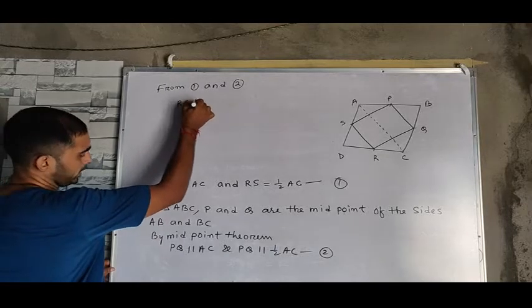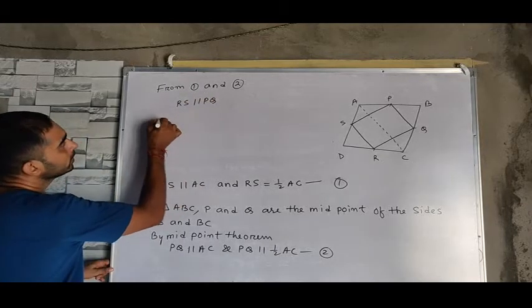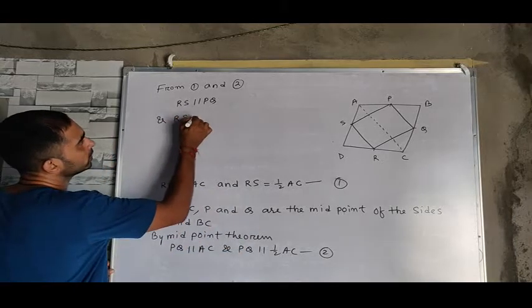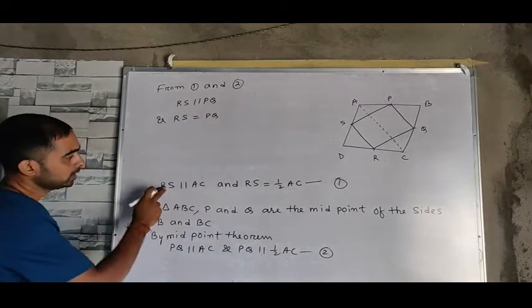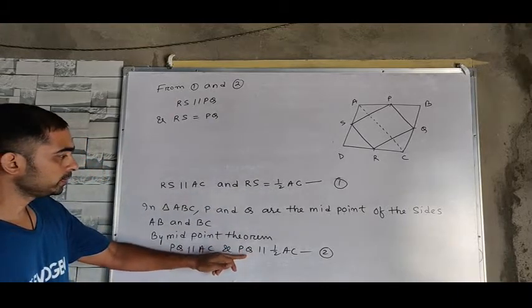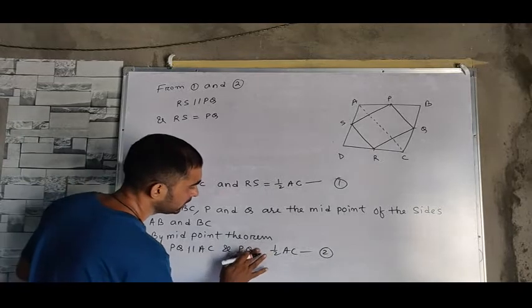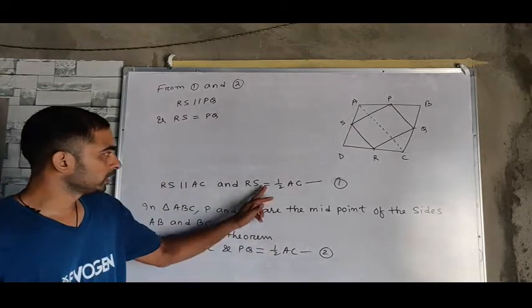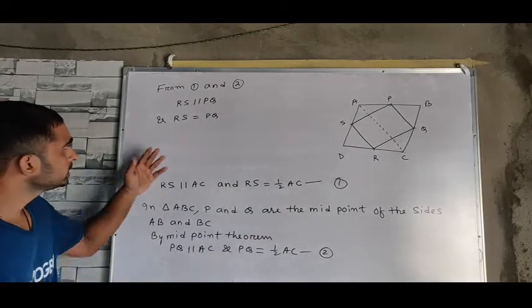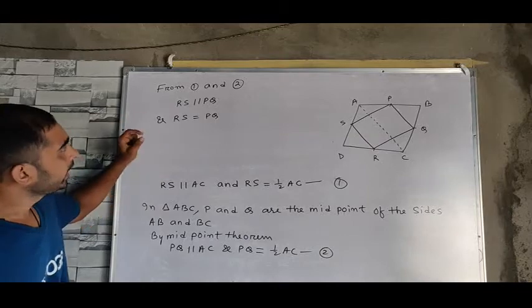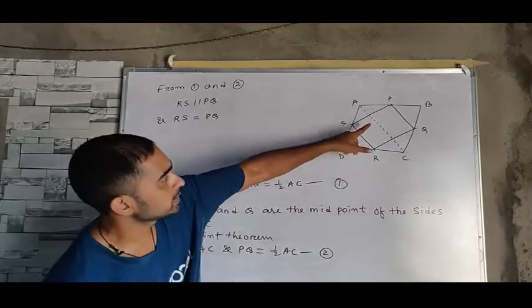RS is parallel to PQ and RS is equal to PQ. Because RS and PQ are both parallel to AC, and both are equal to half AC. So the second one is done, and the third one is prove that PQRS is a parallelogram.